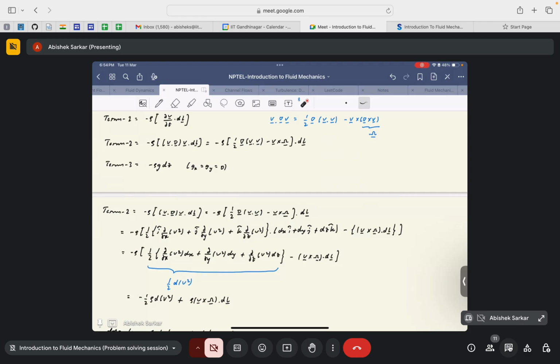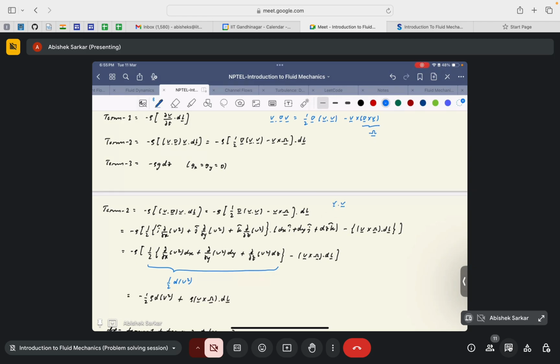So this term would be again half times nabla operating over v dot v. V dot v again boils down to v square. Just to make sure you are not confused, v dot v would basically mean u square plus v square plus w square. So this v is small and this V is capital, which is indeed equal to the modulus of the velocity vector squared, or just capital V square.